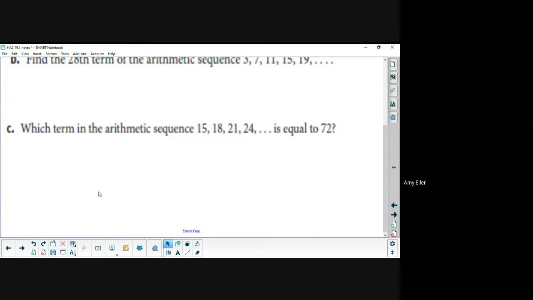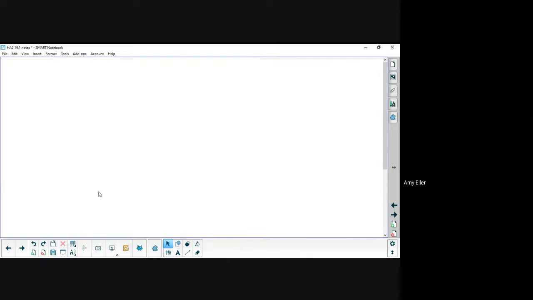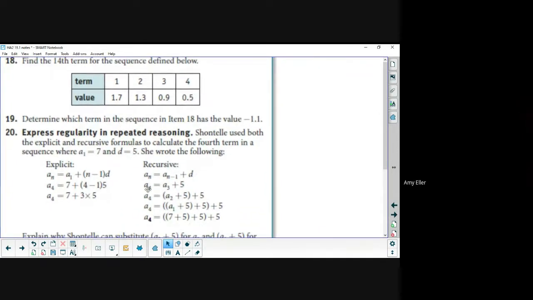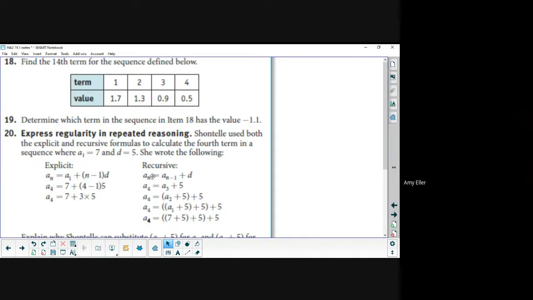Alrighty, flip the page. We're going to look at 18 and 19. I'm going to give you some time. I think you can do 18 on your own, and 19 goes with 18. So again, do those on your own. Look up if you need to.